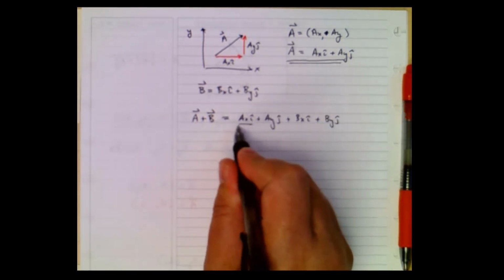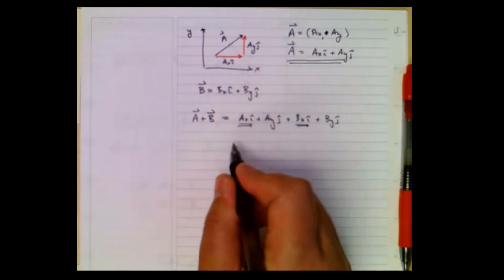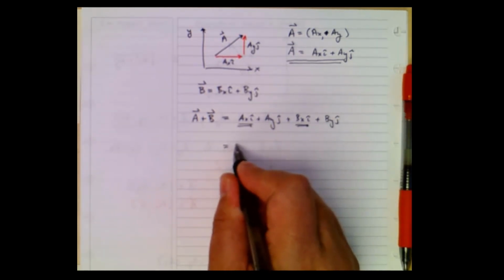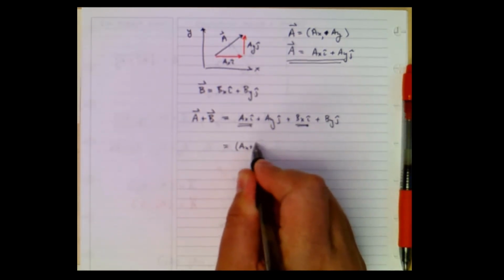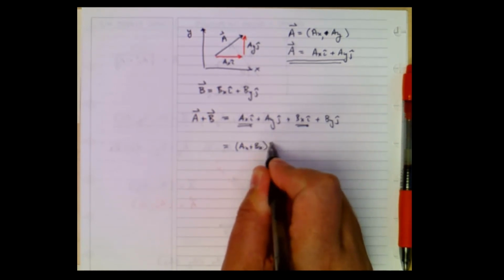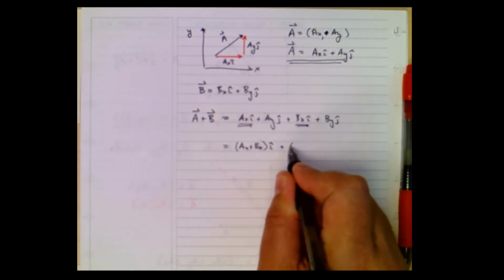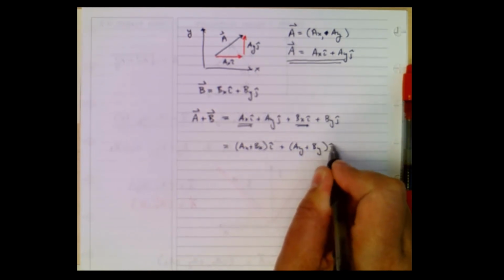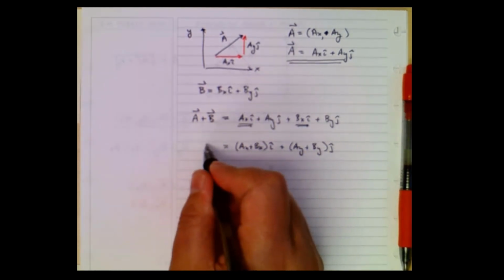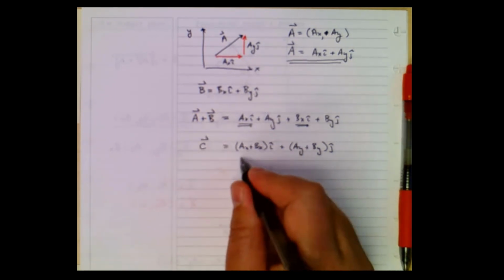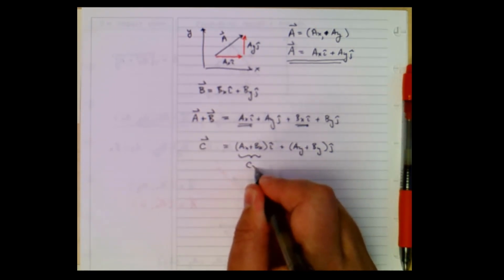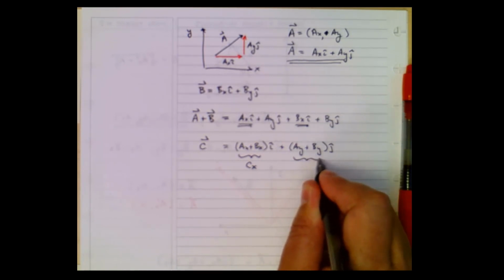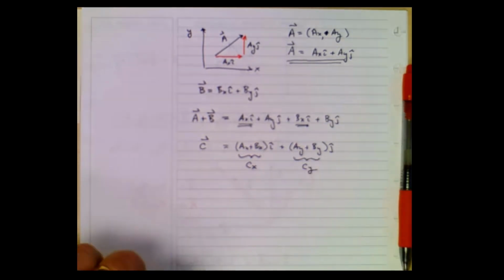Now we can group together like terms. The part that's in the x direction is ax plus bx, and the part that's in the y direction is ay plus by. And if that's vector C, we could call this component cx, and this one cy. Okay?